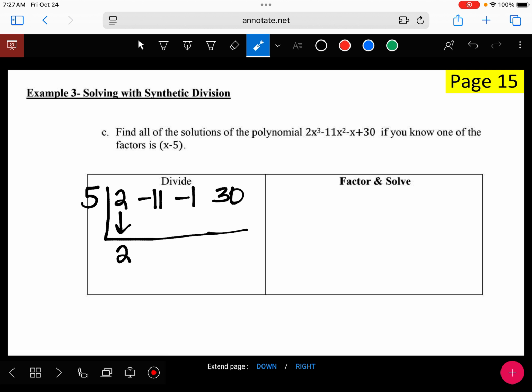Now pick up your calculators. Take the 2. You're going to multiply it by 5. Go ahead and do that. Put that number under the next and add. So I'm going to give you a few minutes to try to get to the end.